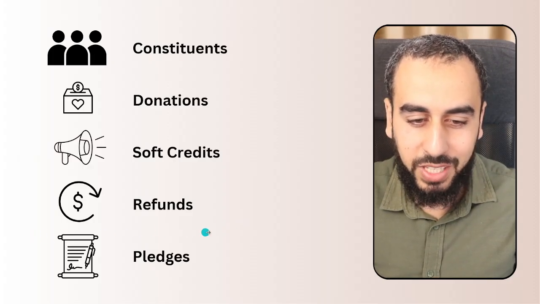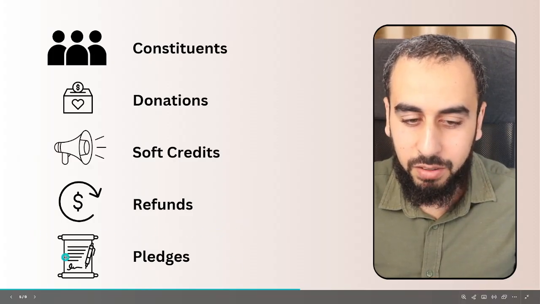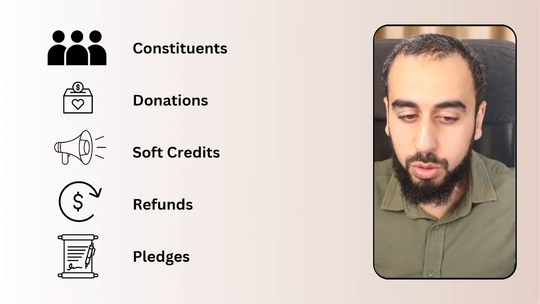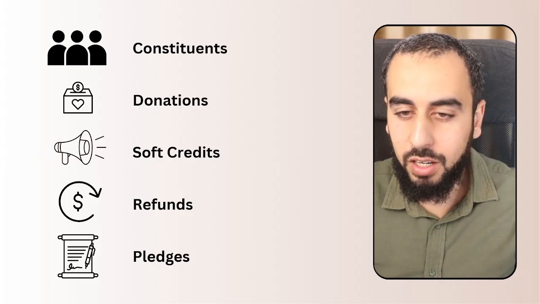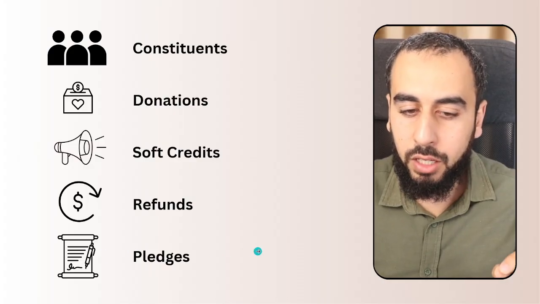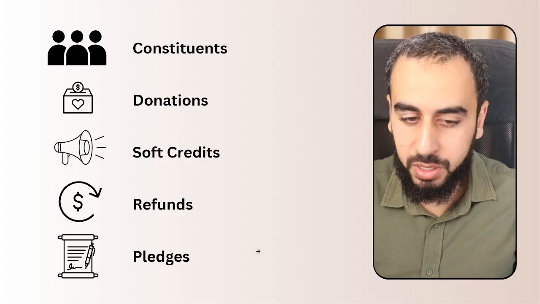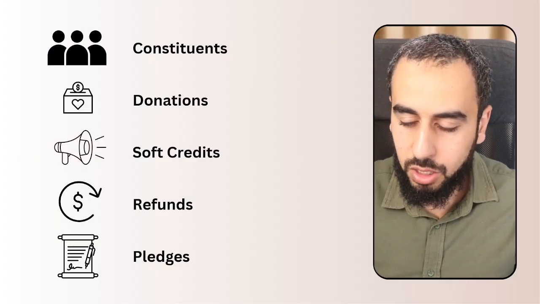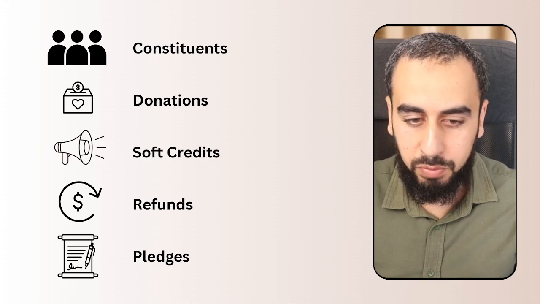Another table we have is the pledge. And a pledge, we need a table for the pledge in order to group all of the donations that are part of this pledge only. A donor might commit to making, for example, 12 donations, one donation every month for the next 12 months.